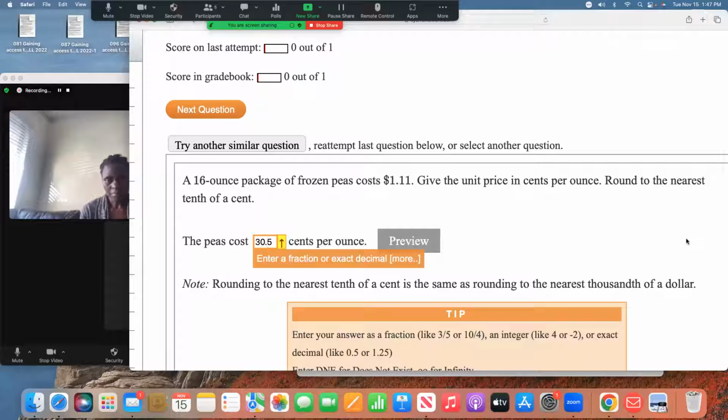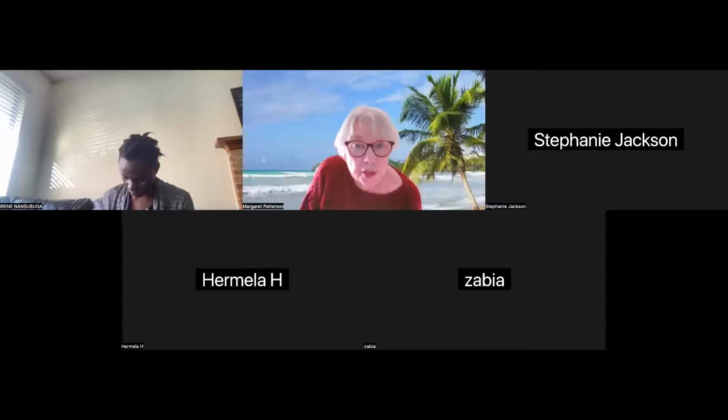Let me recheck my calculator. 1.11 divided by 16, right? Ah, I entered it wrong on the calculator. It's 0.069375. For some reason, I typed it wrong. Well, that's a clear indication something went wrong.